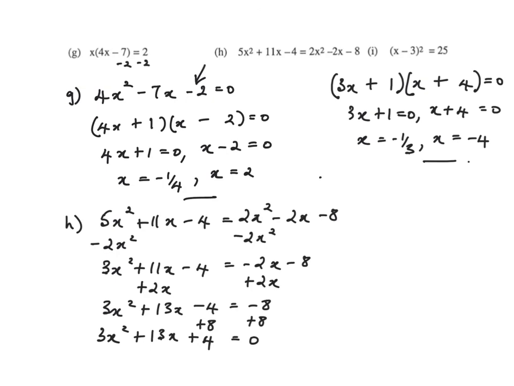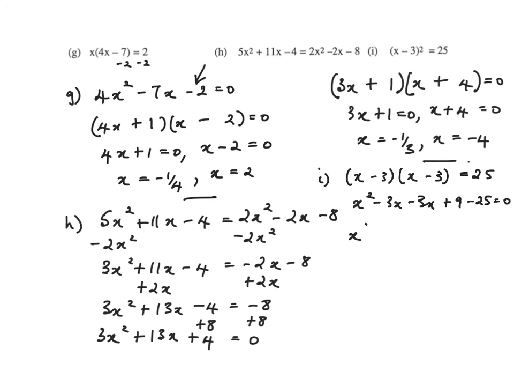And the last one, question I, well, that's x squared minus 3x plus 9, and I'm going to bring the 25 across onto the left hand side.